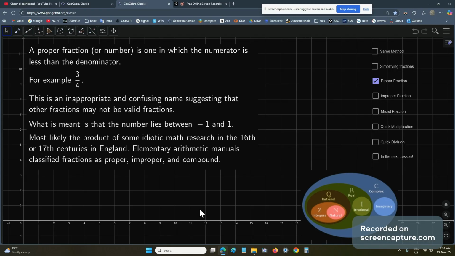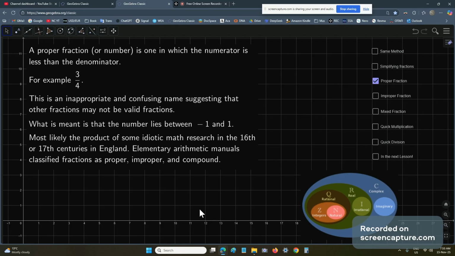Probably the product of some idiotic math research in the 16th or 17th centuries in England somewhere, because arithmetic manuals classified fractions as proper, improper, and compound. I'll get to what compound means in a moment. But there was no need to classify fractions because every number is a fraction without any exception. If a number is not a fraction, it's not a number.